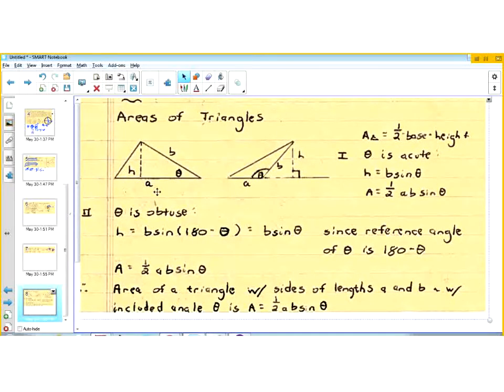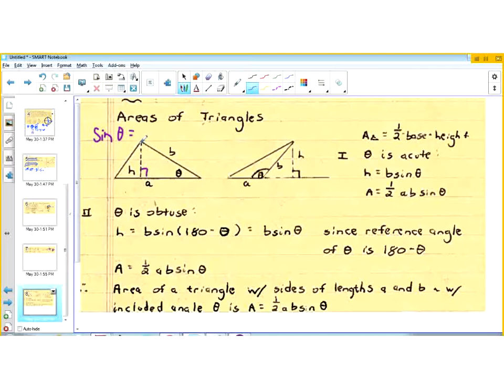So consider the first illustration shown here. The area of the triangle is 1/2 times the base times the height. Now, if theta is an acute angle, then we can surmise that the height, as shown by the dashed line, is, well, it goes like this. The sine of theta, if theta is acute, is opposite over hypotenuse.